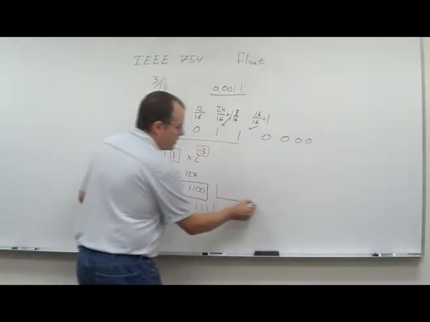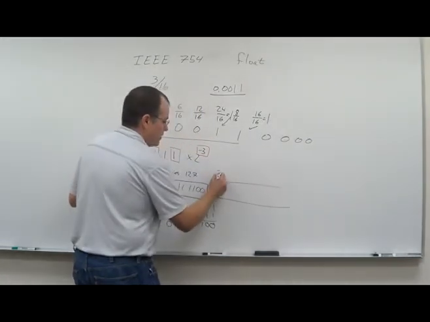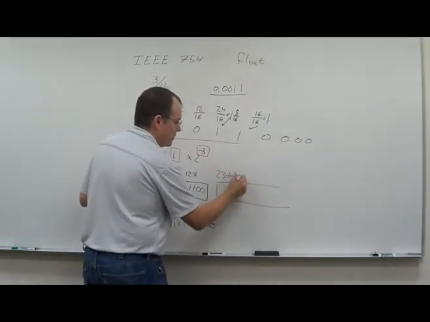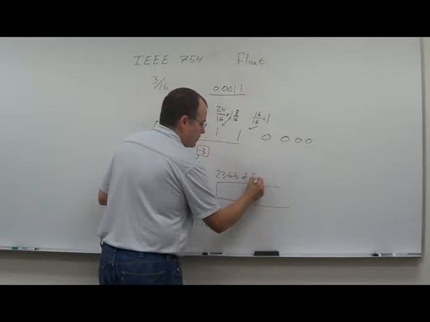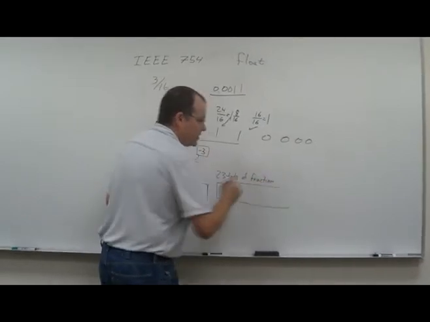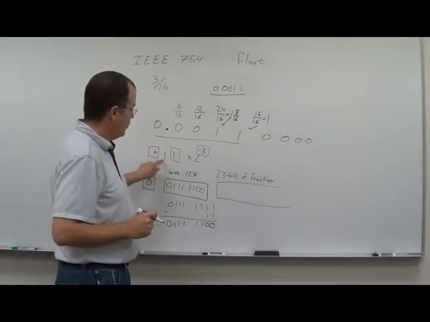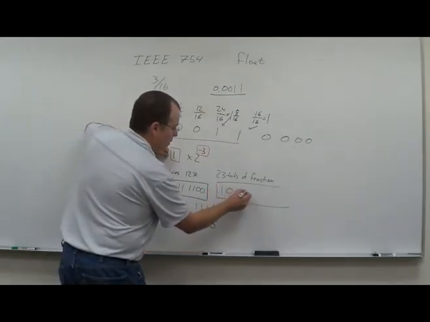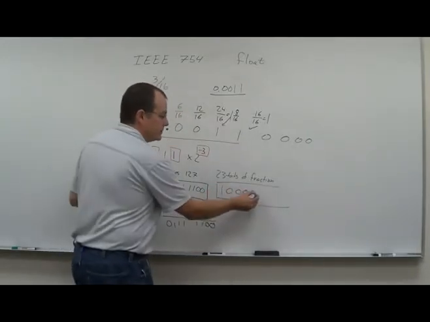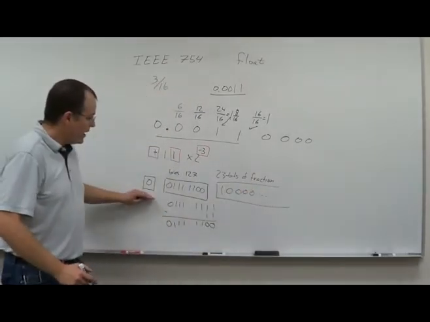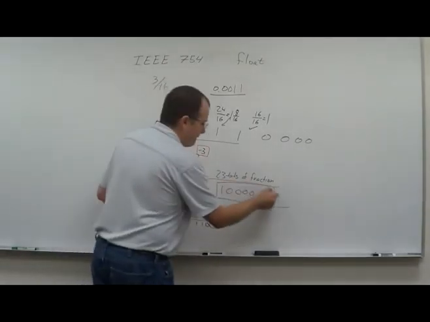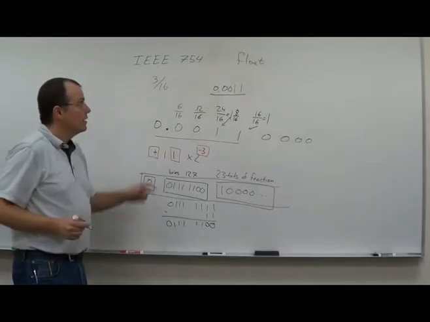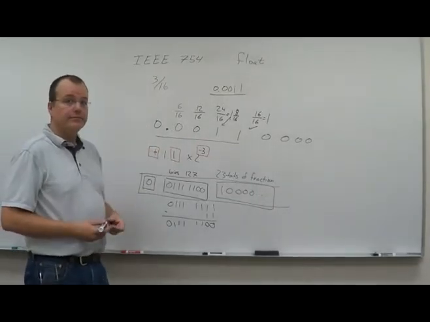And then my 23 bits of fraction. The 1 is implied, so it's really just 1 followed by 22 zeros. And that is the encoding of 3/16.